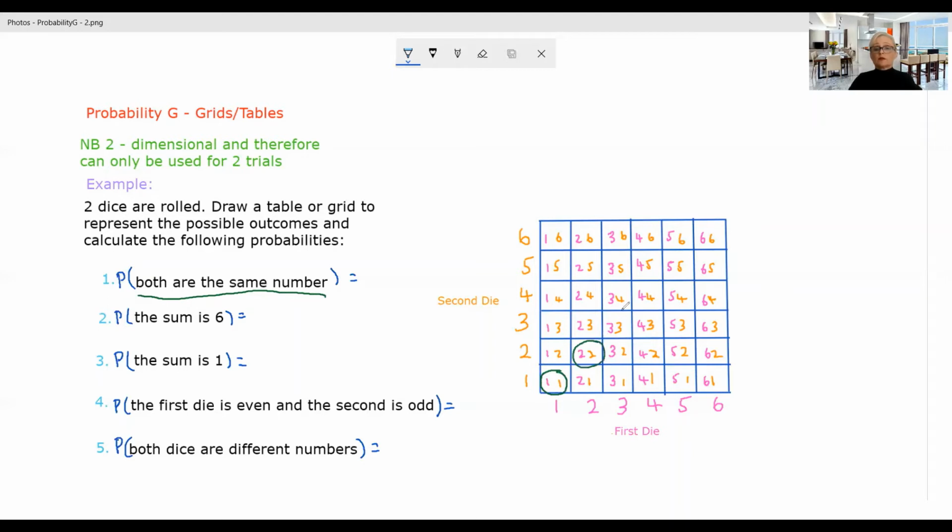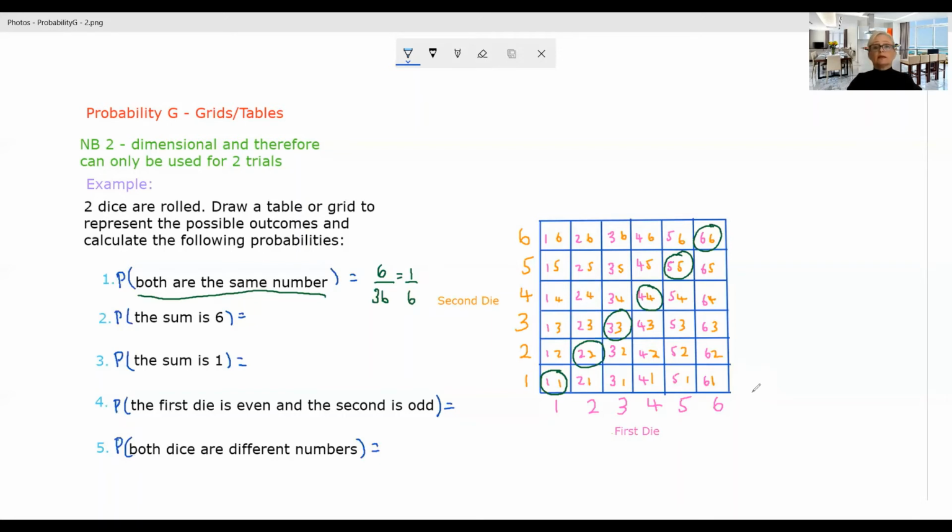So is that one, so is that one. We can see a bit of a pattern happening here. We're going up the diagonal. So we've got 1, 2, 3, 4, 5, 6 outcomes out of our 36, because it's 6 by 6. So that's 1/6 of the time both dice will have the same number.